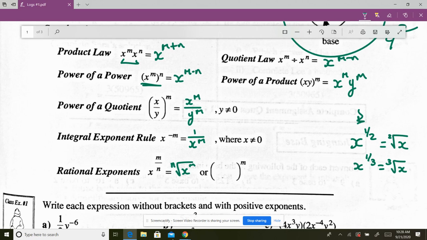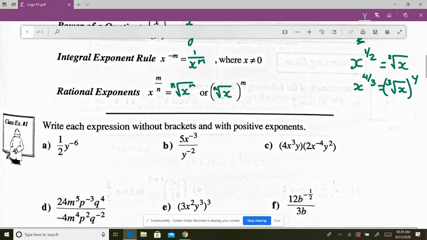Or you can pull that m to the outside and do it afterwards. So it's the nth root of x all to the power of m. So if that was a 4/3, it'd be the cube root of x to the power of 4. That's all. That's the one everybody forgets.